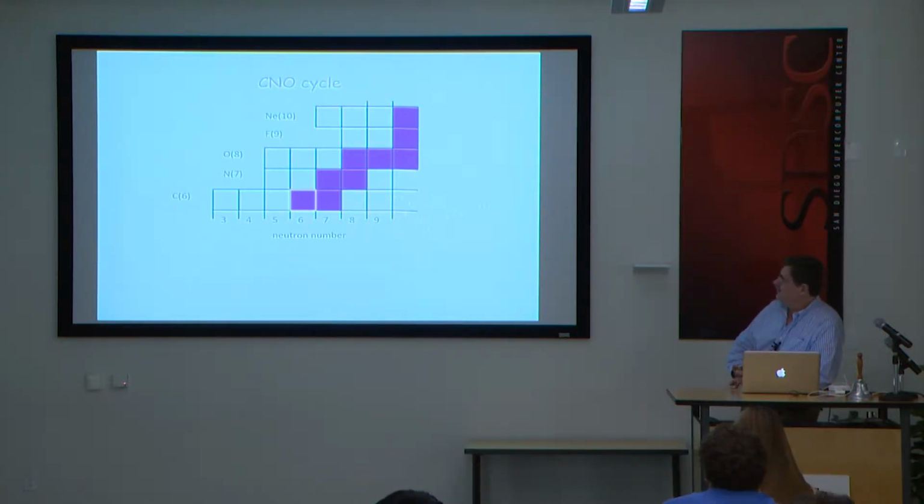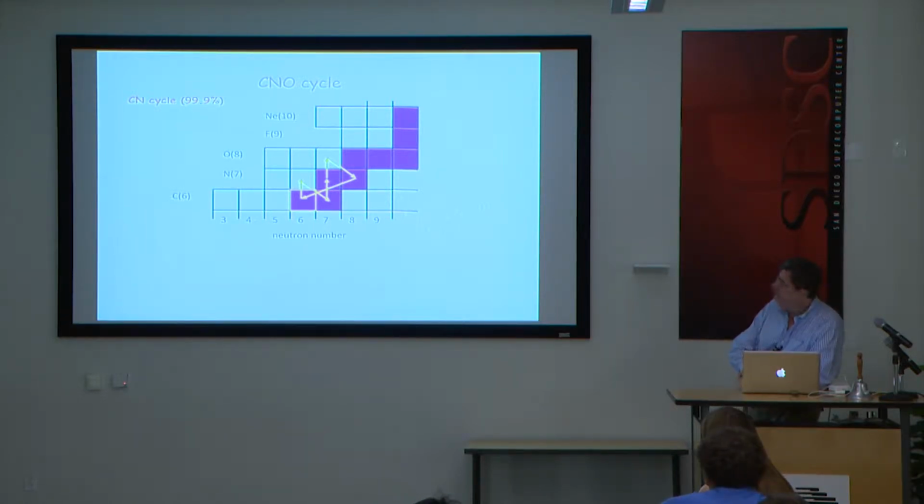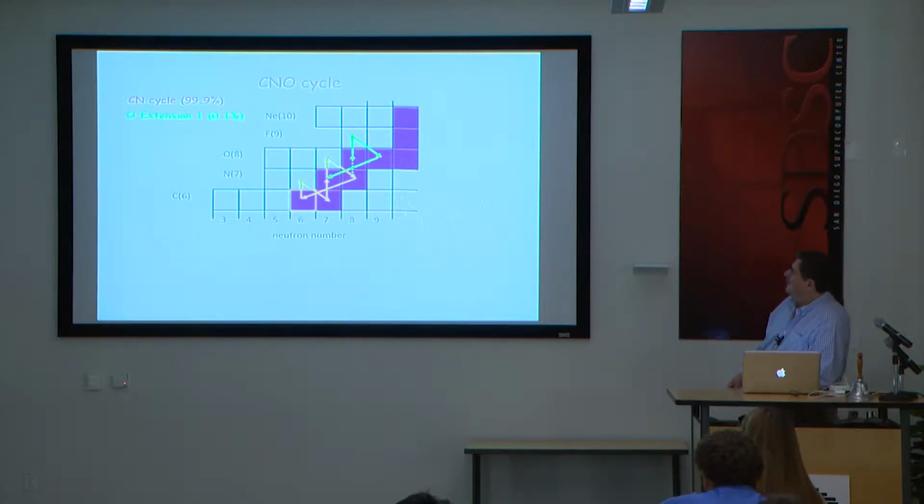Then there is another possibility to include oxygen in the cycle. It actually is very similar. I'm not going to go over it step by step, but basically you again start with carbon 12. After a series of captures and decays, you get back to it. So this is the CN cycle, and you can have an oxygen extension.